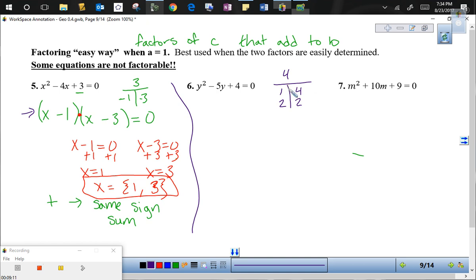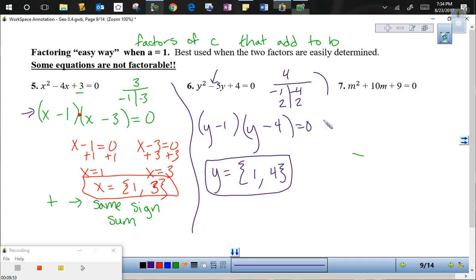They have a sum of 5, but they also have this negative here. That tells us we need both negatives. So this time our variable is y. We're putting a y in the first 2 slots, and then our 2 factors, -1, -4, equal to 0. 2 solutions then, if we remember from over here, we just switch the sign, so that becomes a positive 1 and a positive 4.